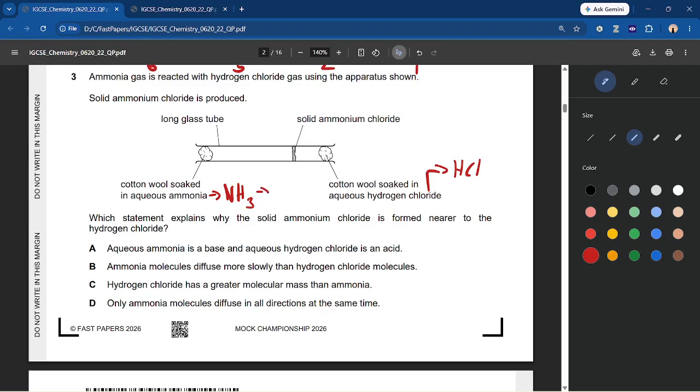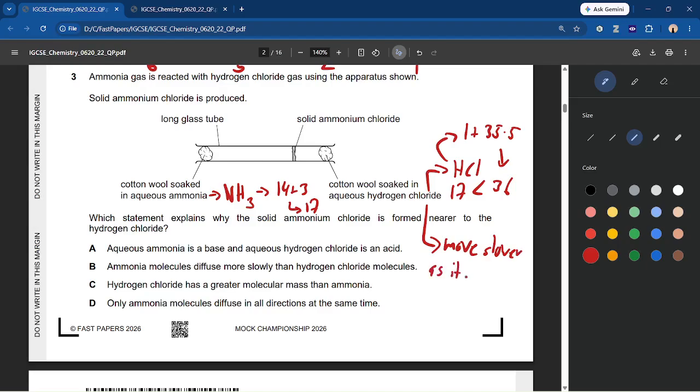The Mr of ammonia is 14 plus 3, which is 17, and the Mr of HCl is 1 plus 35.5, so it's 36. This is almost double the Mr of ammonia. That's why it's going to move slower. So hydrogen chloride will move slower as it is heavier. Keeping that in mind, let's take a look.